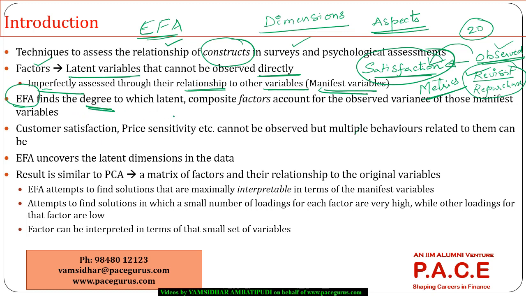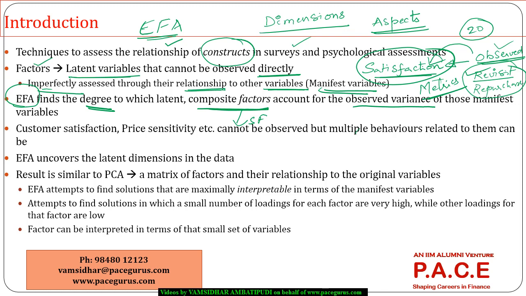So in short, the job of exploratory factor analysis is to find the degree to which the composite factors which are latent, like satisfaction, account for the observed variance of the manifest variables. So there is some kind of variance present in the observed variables.